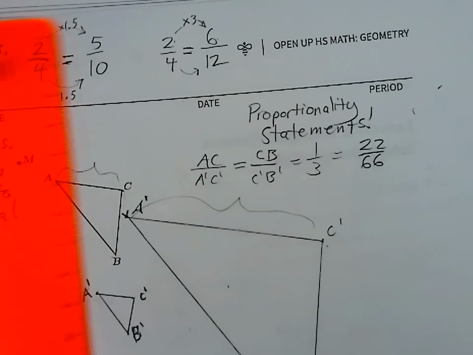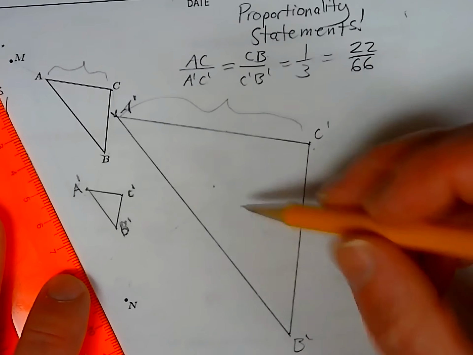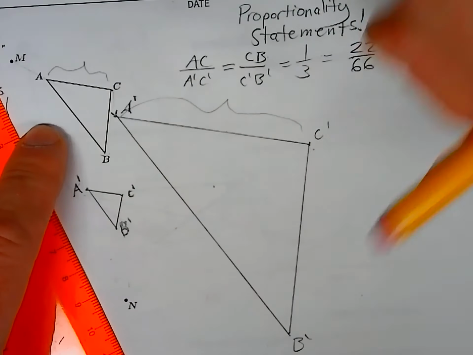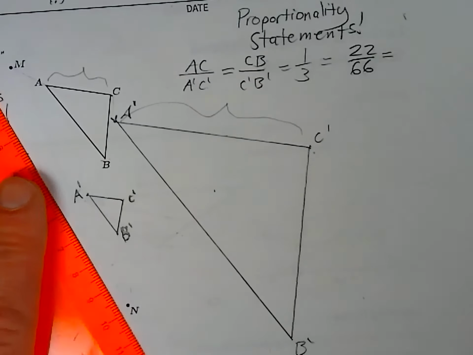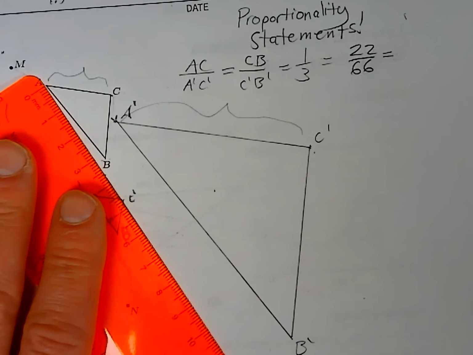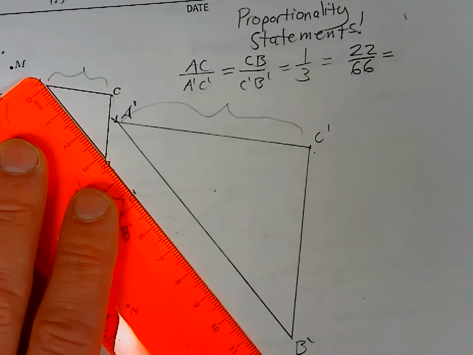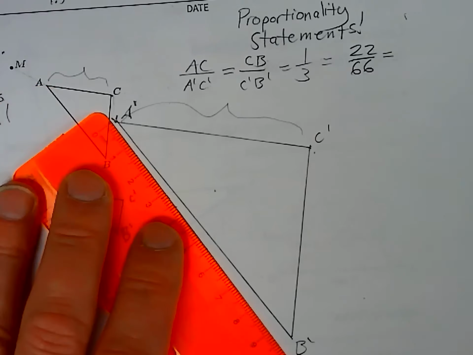Well, theoretically, AB should be the same ratio. AB to A prime B prime would be the same as these, comparing the different sides. So let's just throw that in there. Maybe that will work. 32. 32 times 3 is 96.